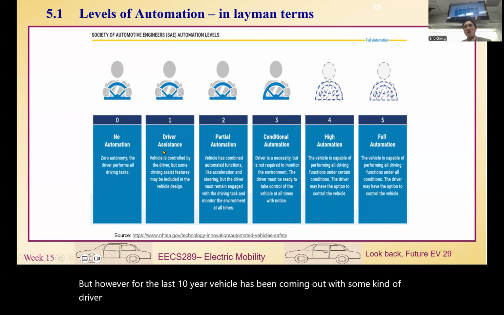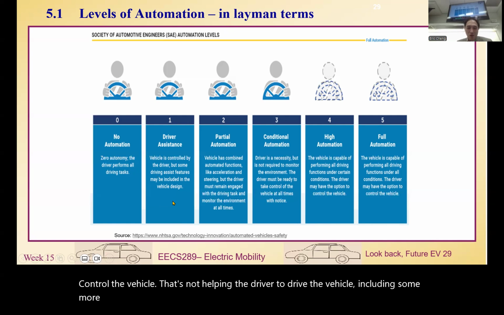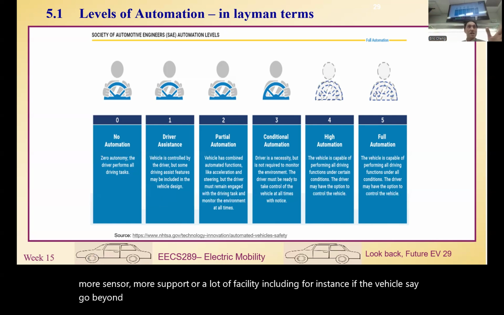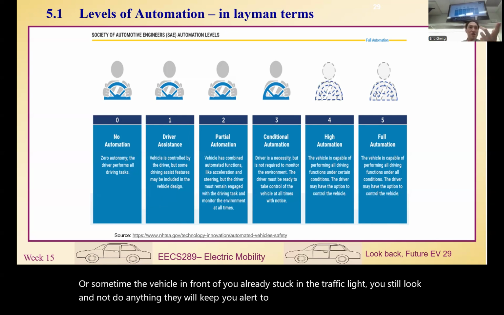They don't actually control the vehicle. They're just helping the driver to drive, with more sensors and more support. For instance, if the vehicle goes beyond the lane marking, it will give you an alert that your vehicle is crossing the other lane. Or if the vehicle in front of you has already started at the traffic light and you're not doing anything, it will alert you that the vehicle in front has started and you can go.